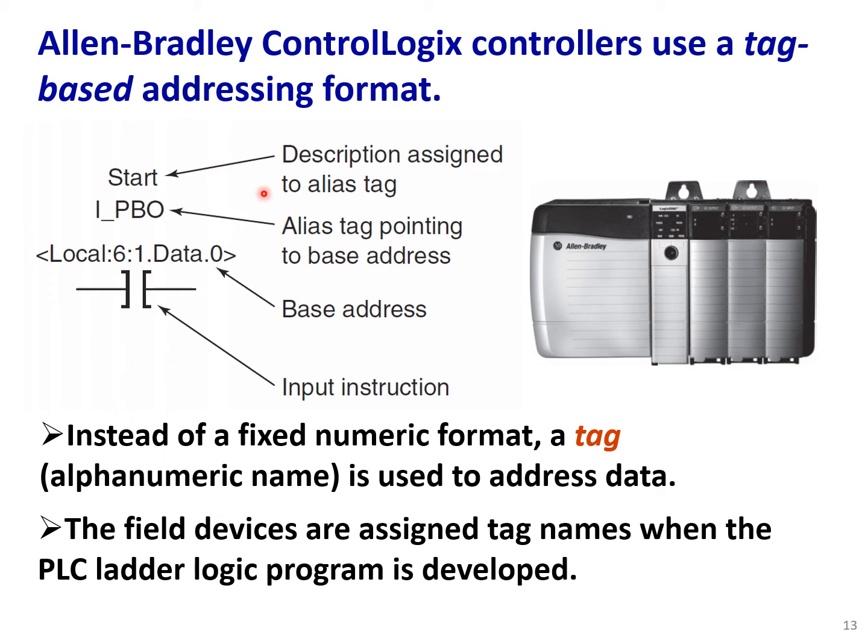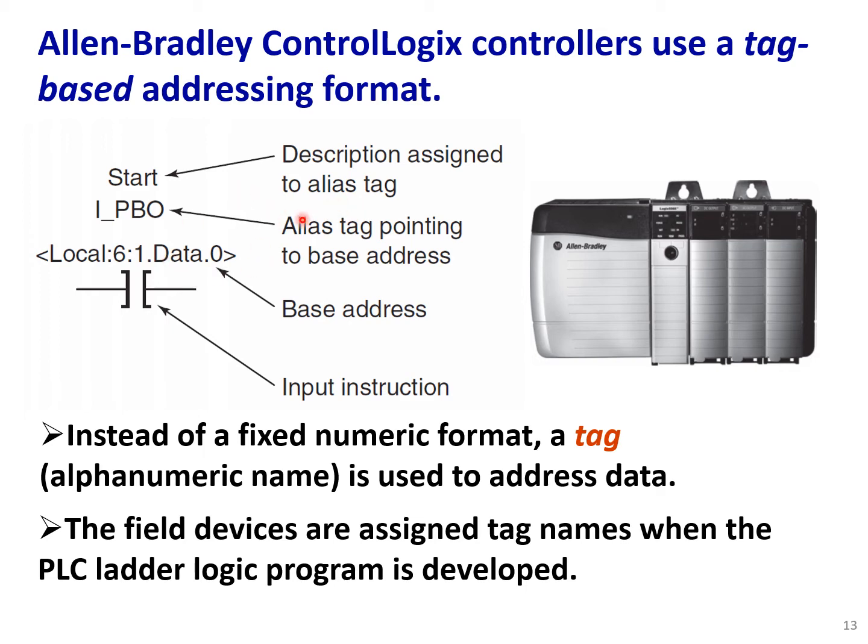So here we have the tag and the description assigned to the alias tag. The alias tag points to the base address, and the base address is in the input instruction. So this one is the instruction, this one is the base address, and we have the alias tag, yes?